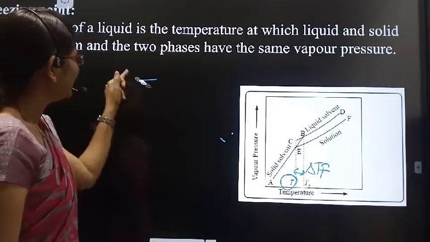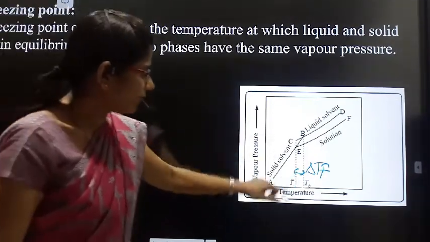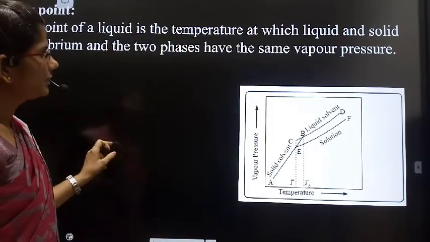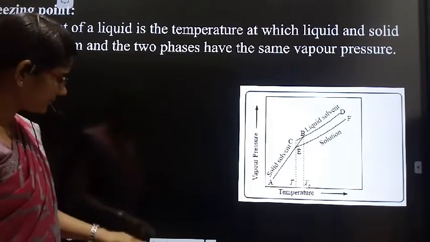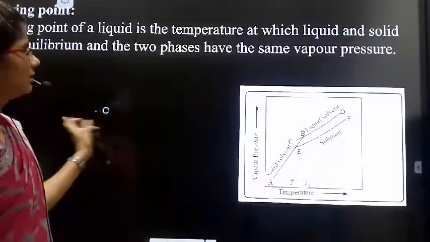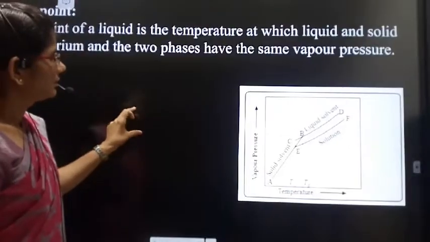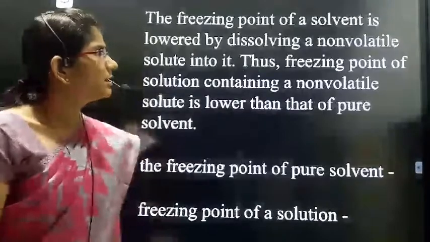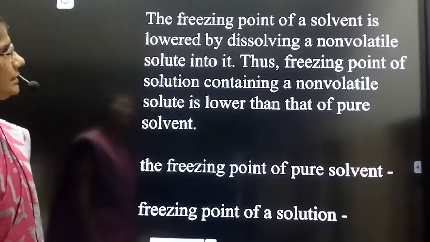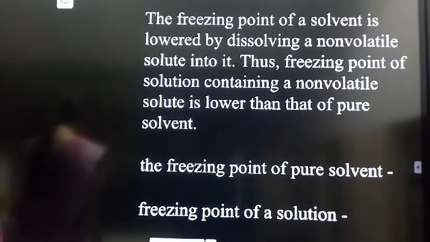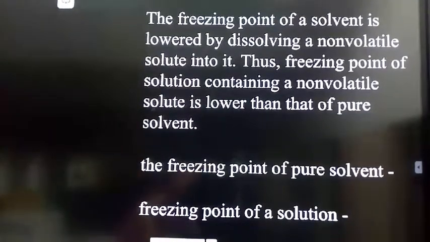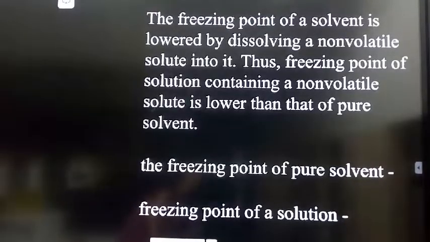So here we have this graph, and from this graph we can say that the freezing point of the solvent is lowered when we add a non-volatile, non-electrolyte solute into it.